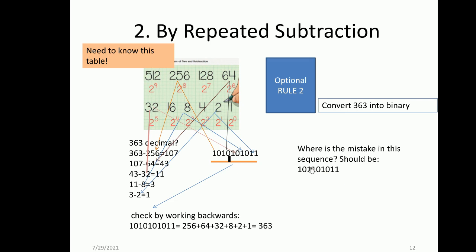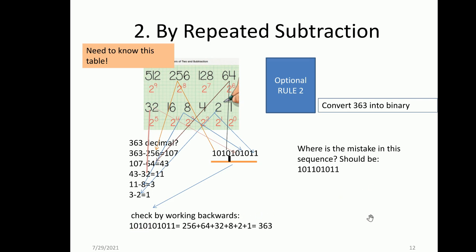Now, you'll have to check, is that equivalent to 363? I've tried to check working backwards using the faulty sequence here, and I get 363. So I should have checked this. It should be 1011. I shouldn't have this 0 here.